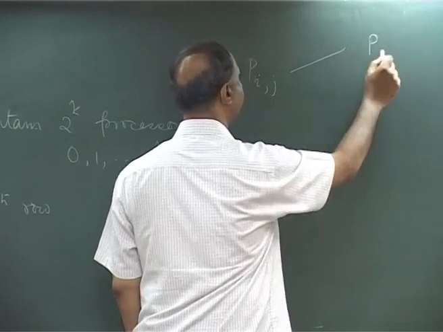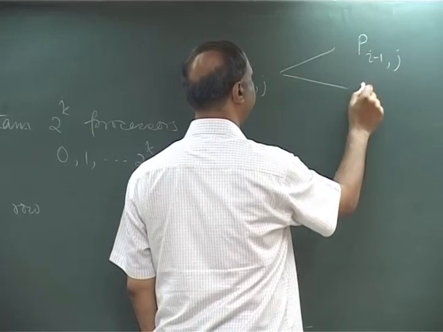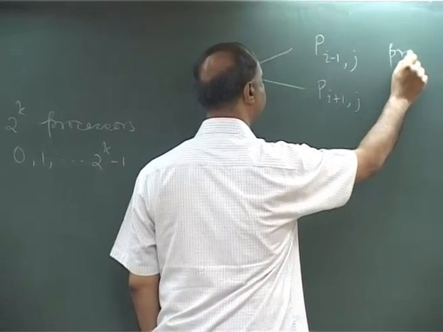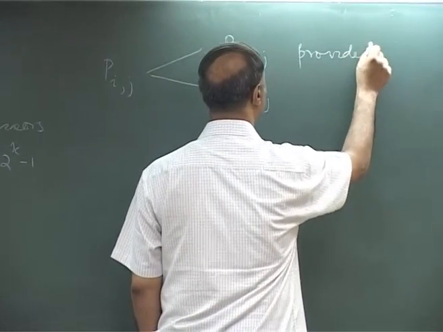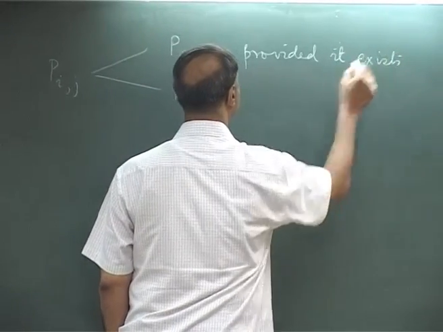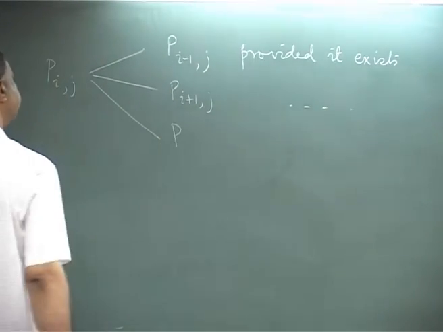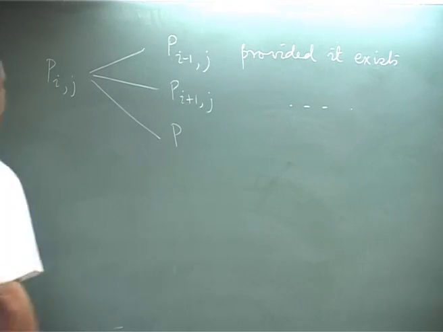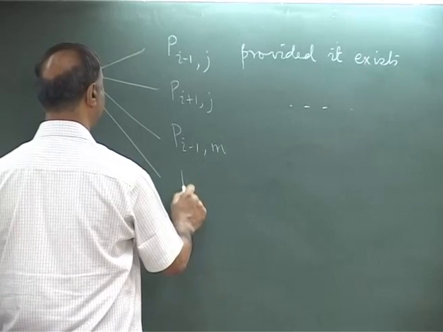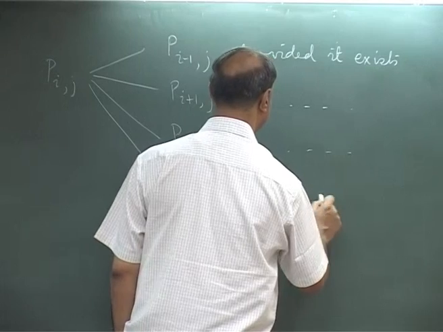One connection is P(i minus 1)j, another one is P(i plus 1)j, provided it exists. Then P(i minus 1)m and P(i plus 1)l, provided they exist.